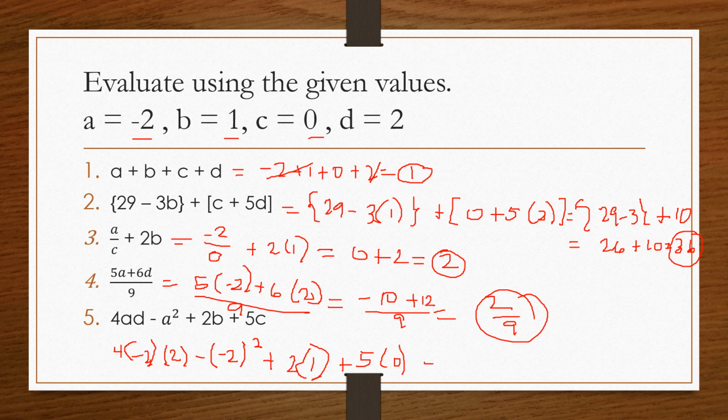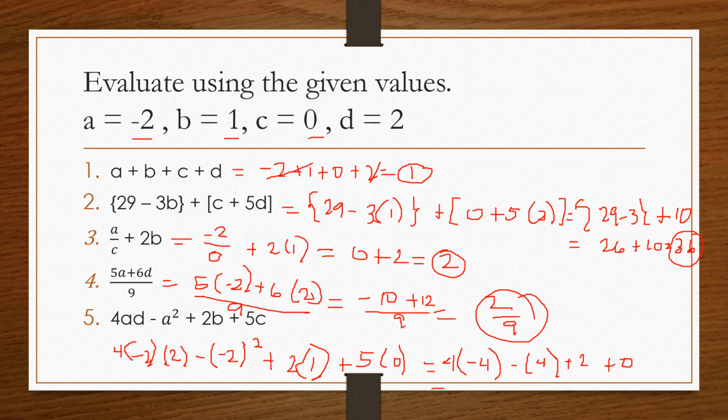So what are we going to do with this? Alright. Negative 2 times 2 is negative 4. Minus negative 2 times negative 2 is equal to positive 4. Plus 2, plus 5 times 0 is equal to 0.